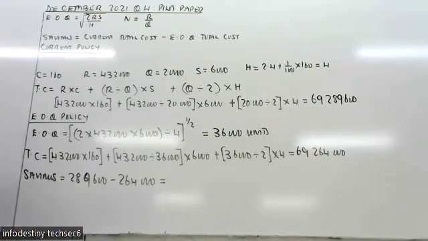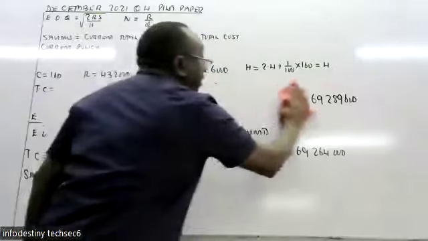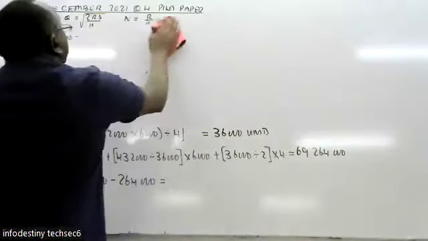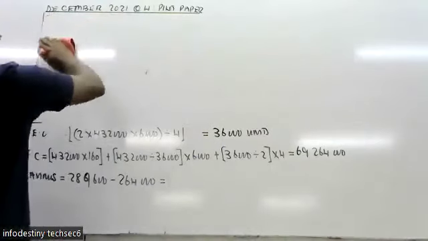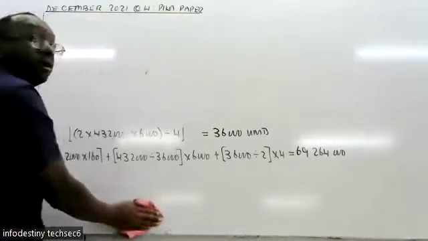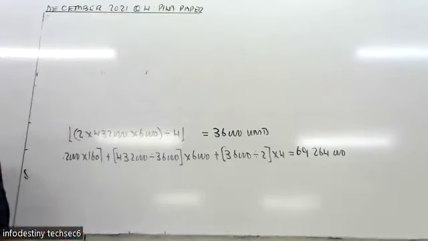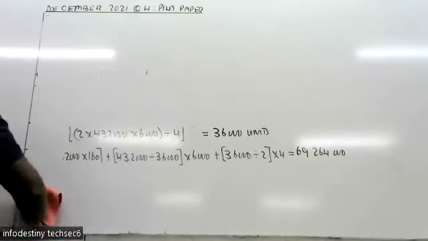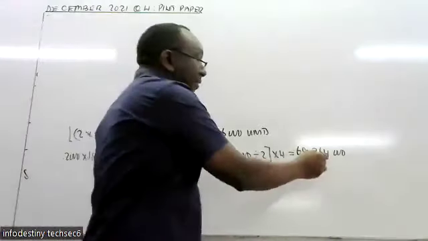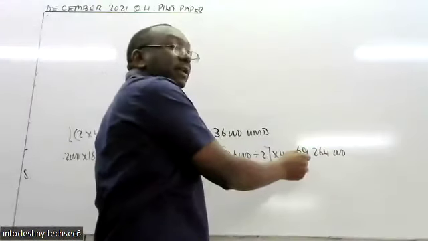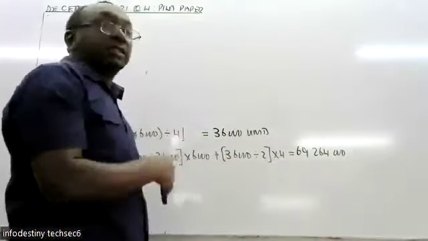We are okay with that? So if we are okay with that, let's proceed with the next part. The savings. That 289 came from here. It was 69 million and this is 69 million, so instead of writing all of it I subtracted the 69 million.